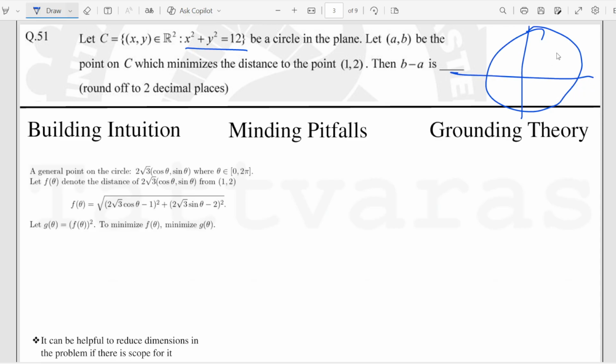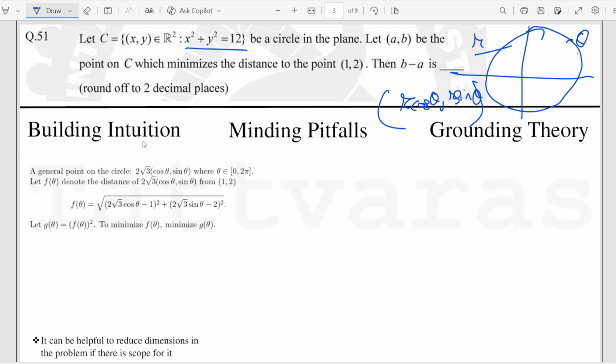The points in the circle can be characterized just by the theta parameter and the radius parameter, right? So the point is r cos theta and r sin theta, where theta can go from 0 to 2 pi. So this essentially transforms our setup from two dimension to one dimension because the radius is already known. It is the square root of 12.